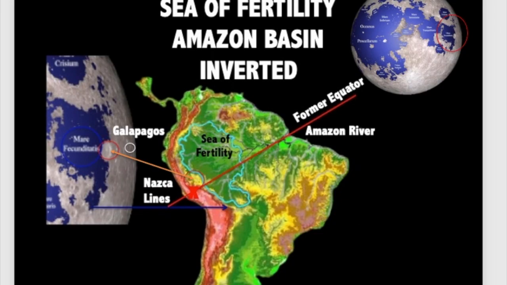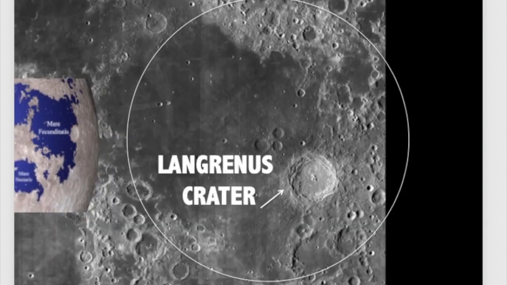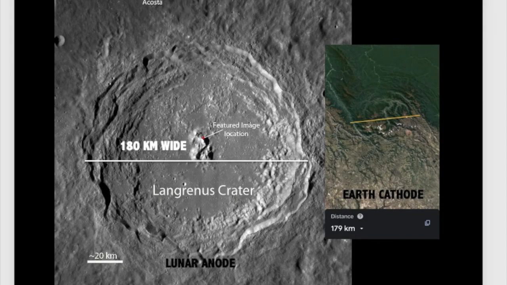And so this crater, if we zoom in and we overlay them, is going to show us some interesting stuff. It is about 180 kilometers wide. And so what I did was map out about 180 kilometers over here around Machu Picchu in this circular formation.